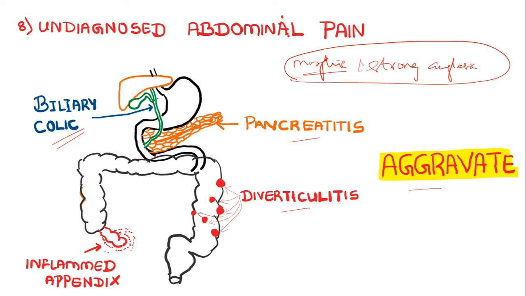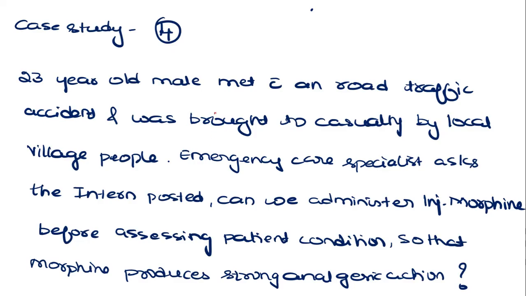So that's why in case of undiagnosed abdominal pain, you should avoid using morphine. Once the diagnosis is made and you rule out all these conditions, you can make use of morphine. Otherwise, you can go with other drugs like buprenorphine or pentazocine, which are less likely to cause biliary spasm.